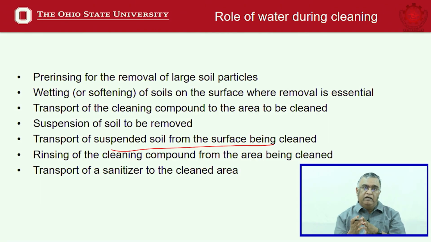The second thing is, as the water and detergent wash away all the contaminants, the contaminants also go with the residue water. And you also need to rinse the cleaning compound. Finally, when you do the post rinse after your cleaning, you have to remove any residual solutions.